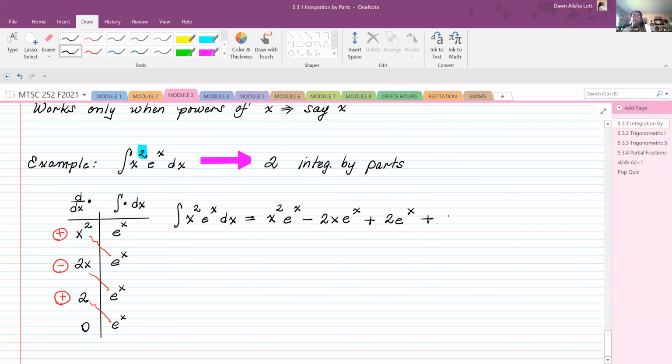Okay. So now we must do this by parts. So is there a reason why you put the e to the x first?